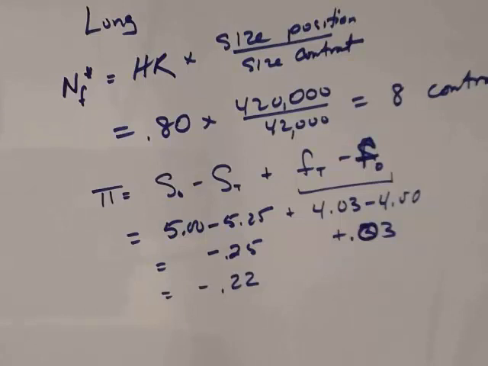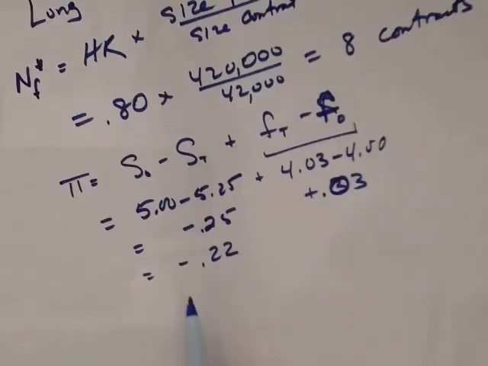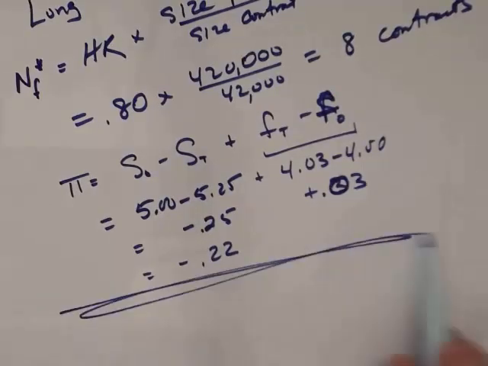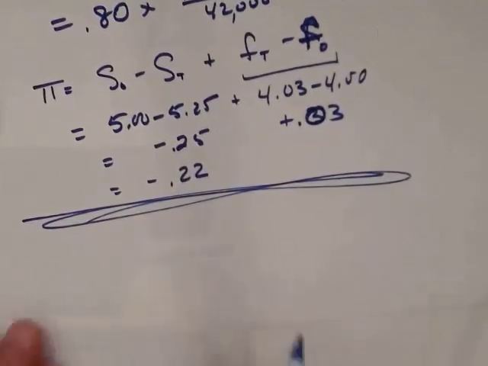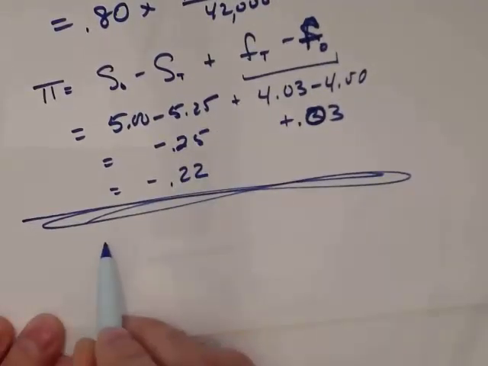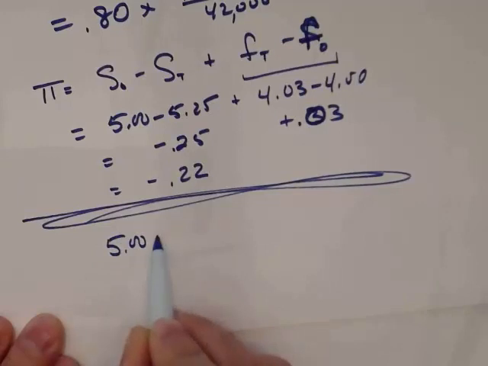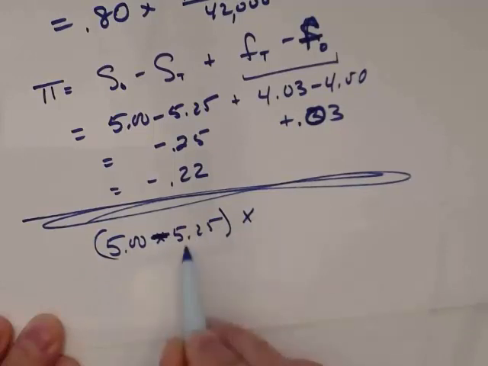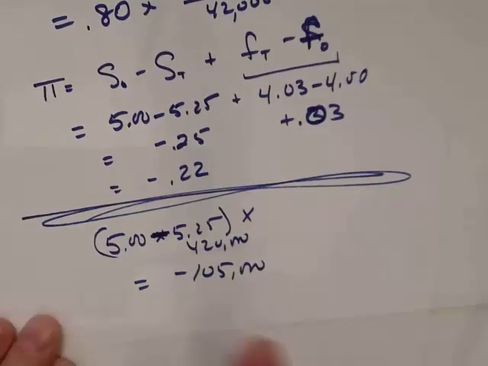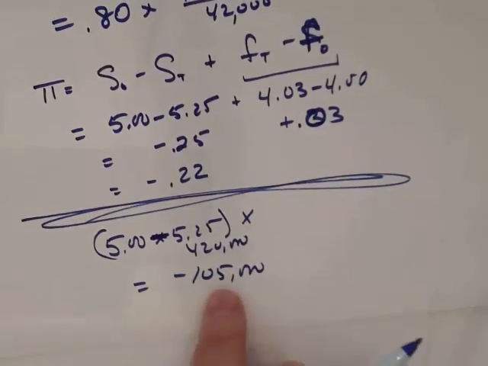And so we can analyze the situation a little bit better. We say, look, we lost a quarter times 420,000 gallons, right? We lost 105,000 by having to buy jet fuel at 25 cents higher.